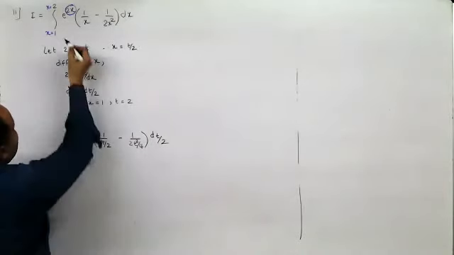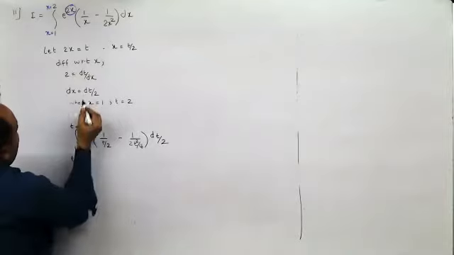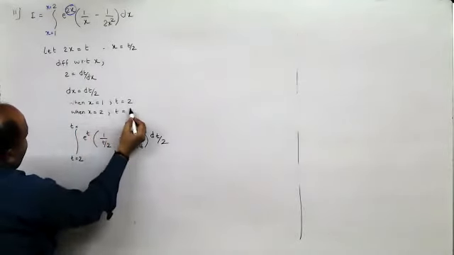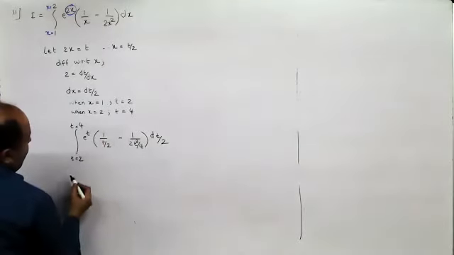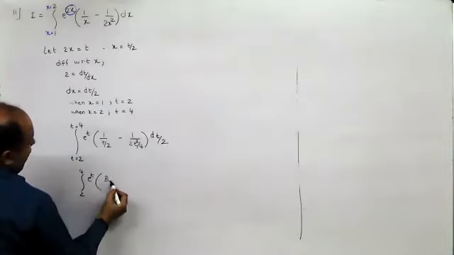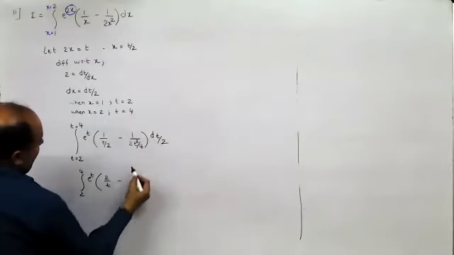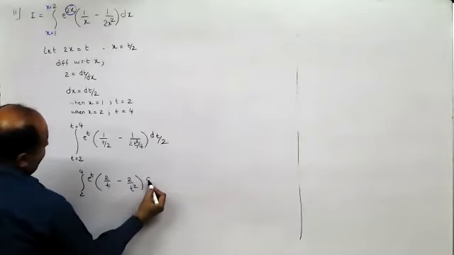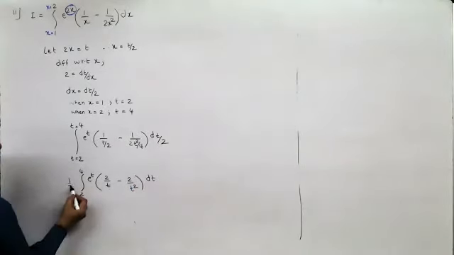Then when x is 2, t equal to 2 into 2. So here this would be 2 to 4. This is e raised to t. This would be 2 by t minus 4. This goes up, it becomes 2 by t square. And this is dt.